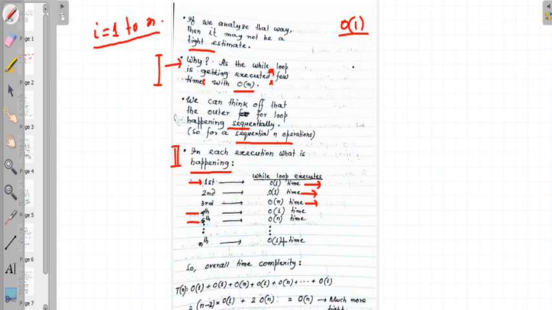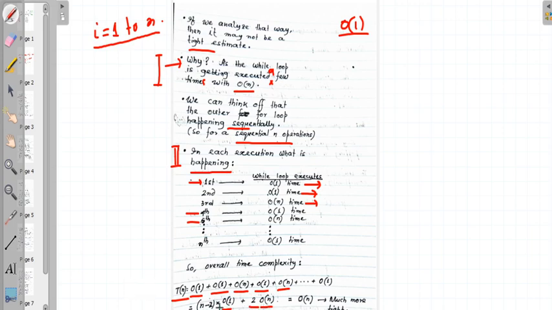So if this is the case, then how can we analyze the overall time complexity? T of n will be the first operation cost, then the second operation cost, then the third operation cost, plus the fourth operation cost, fifth operation, and so on, right? We are seeing that n minus 2 times it takes order of 1 time, and 2 times it takes order of n time.